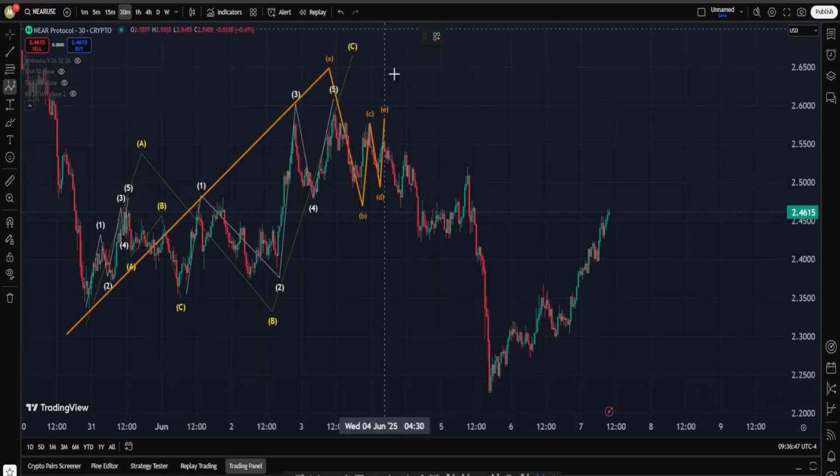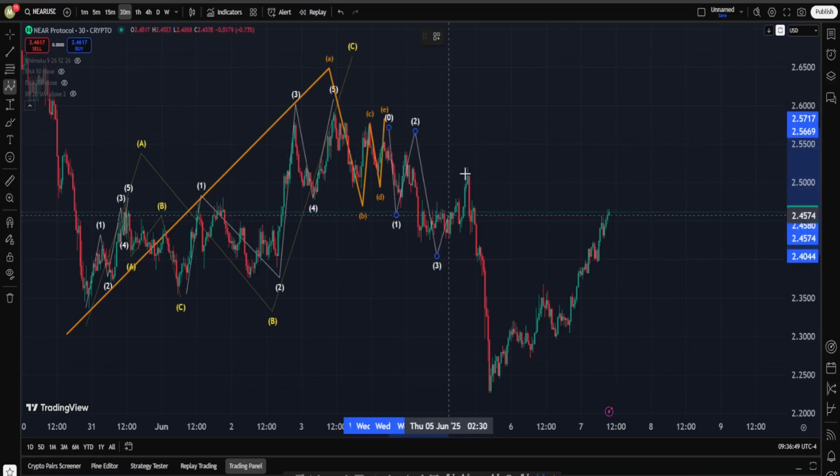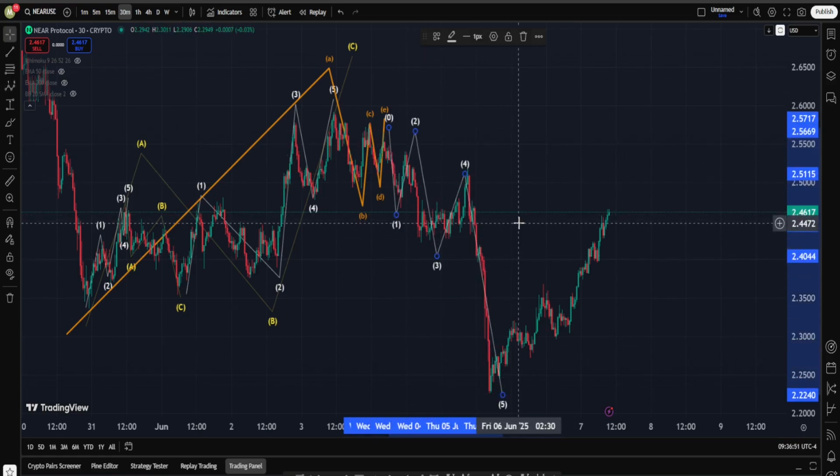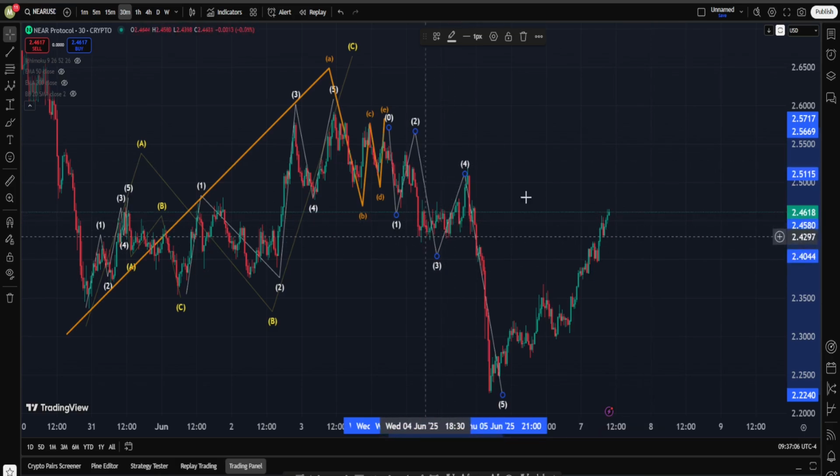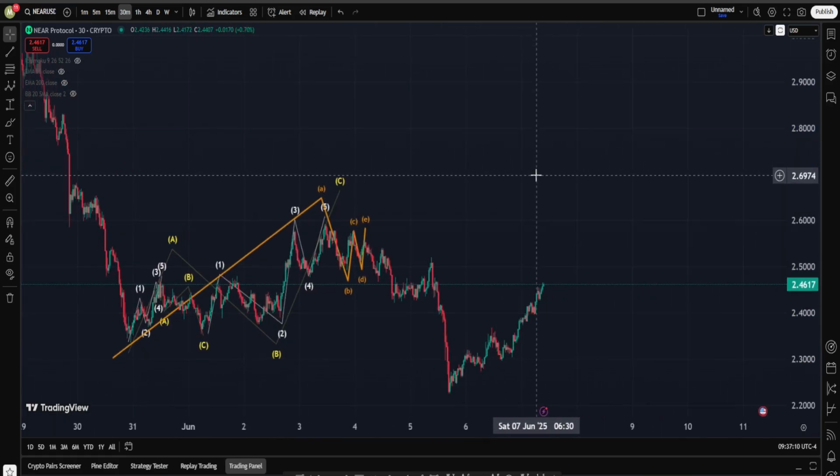And from this high, we may have a 1 2 3 4 5 wave in the form of an expanding ending diagonal, which is not really that ideal, but again, it is possible to find a 5 wave. But because it's not that ideal, I'm going to say maybe right now in Near Protocol, we should be a bit patient and also a bit careful.